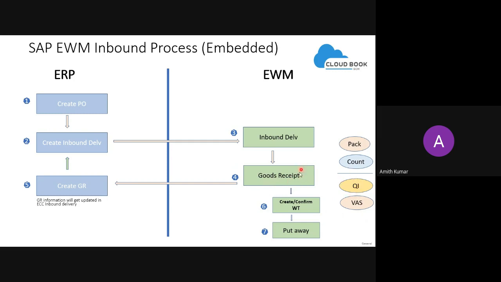Even if he wants to move these pallets from the unloading area to the final putaway area, the system will not allow him to confirm those activities. It will always give an error. By default, the system will create orders to move the pallets from the staging area to the quality inspection area, and value added services and all that. So this whole process can be automated in EWM.